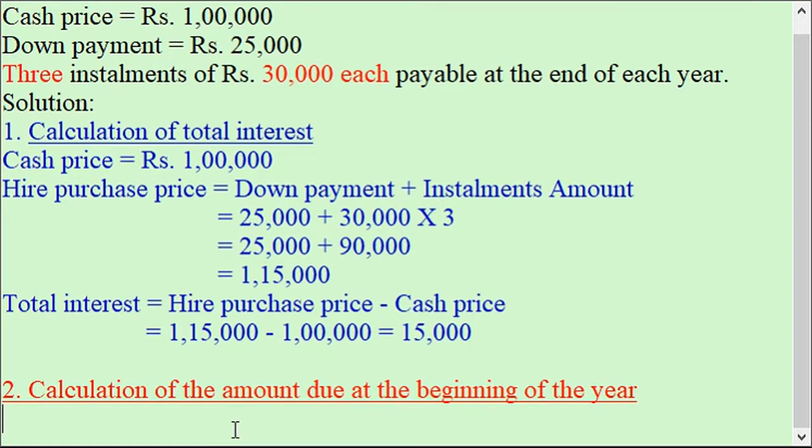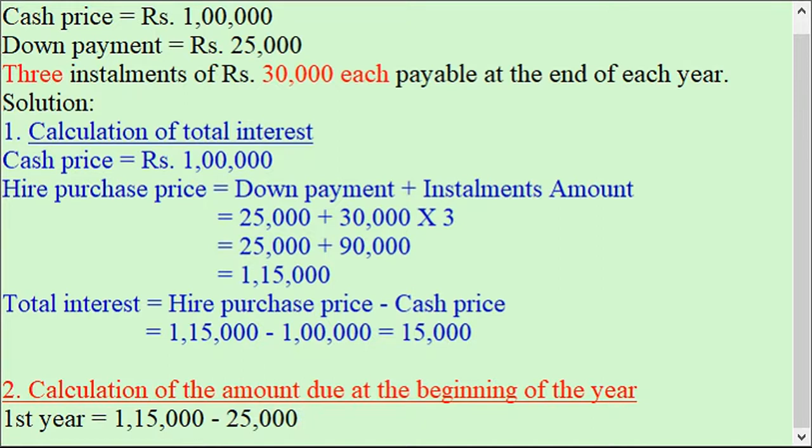Now at the beginning of first year, I had to pay an amount of 1,15,000 as the hire purchase price, and I have made a down payment of 25,000.